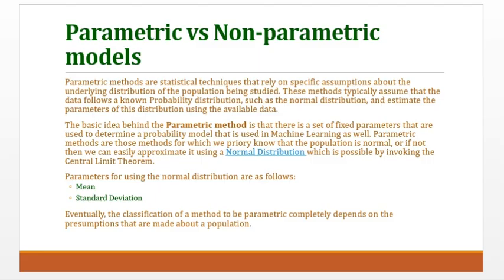It has a fixed number of parameters, hence the model has a fixed complexity, and the model learns the parameters based on the training data, and once learned, the model is set. The parameters used for a normal distribution are mean and standard deviation, and eventually the classification of a method as parametric depends upon the presumptions that are made about a population.